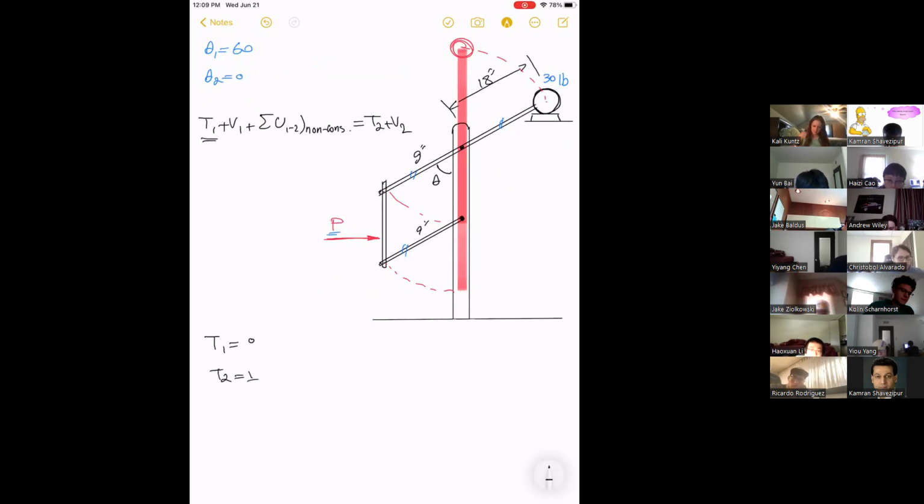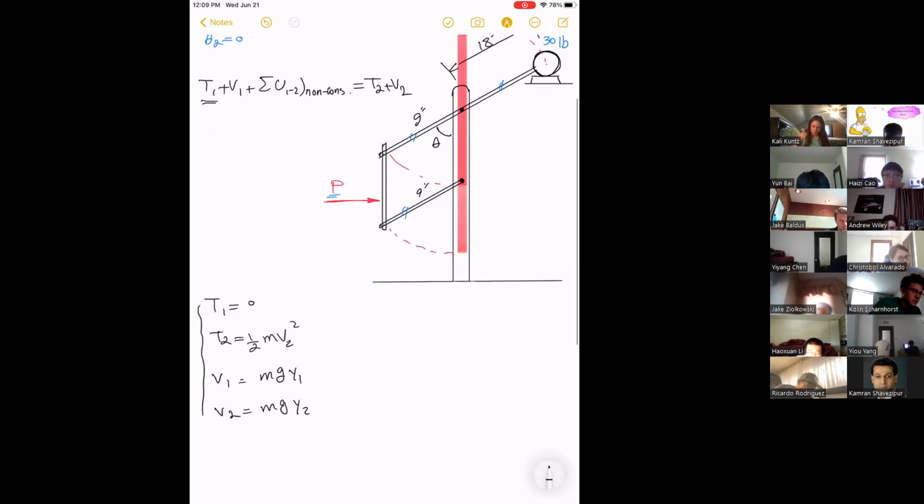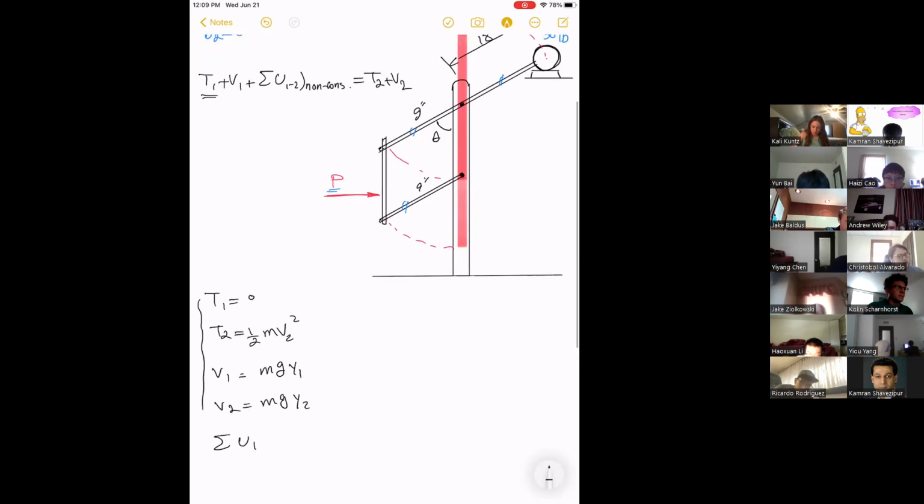T2 is going to be half m v2 squared. V1 is going to be m g y1, and V2 is going to be m g y2, right? And summation of U12, because the force P is constant, is going to be force P times the distance it goes from here to here. This is going to be its delta X. Let's call it delta X.